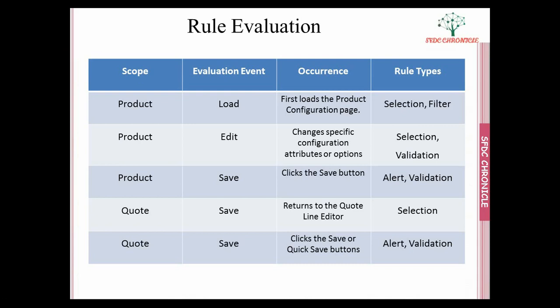But there is good news that you don't need to memorize this, because whenever you select a rule type and an evaluation event with a scope that does not support it, Salesforce will provide you an error message that this evaluation event will not go with this rule type. So that is a good thing, you don't need to memorize it.